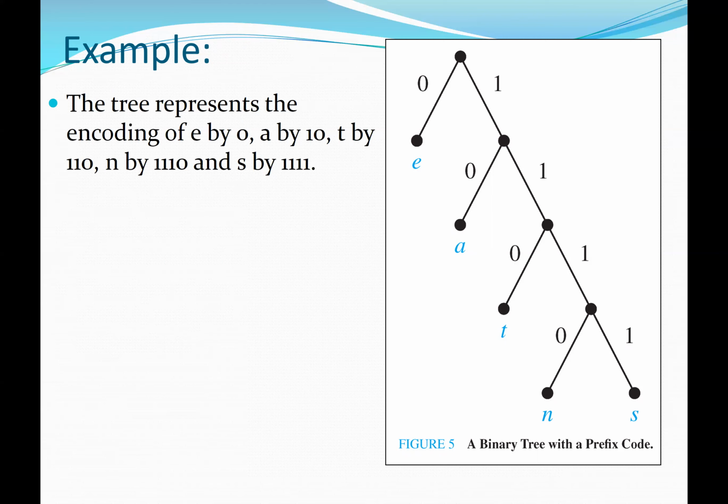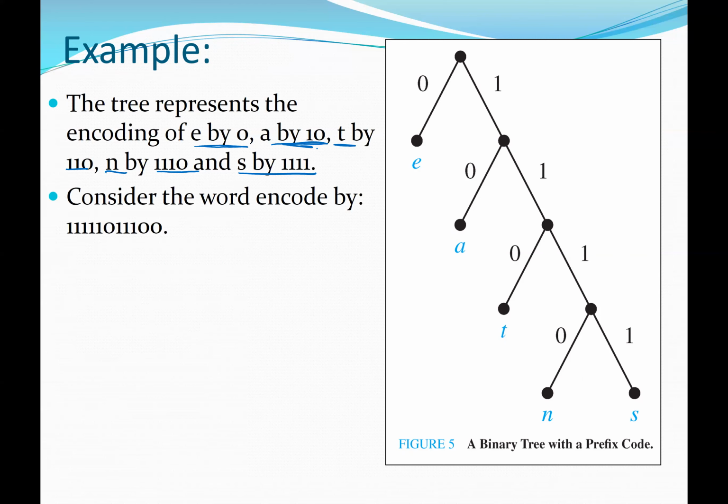And the code to N will be 1, 1, 1, 0. And the code to S will be 1, 1, 1, 1, right? So those are the codings using the prefix code to represent each letter or a series of letters, things like that. So when you see 1111, you know that, oh, the letter is an S, okay?